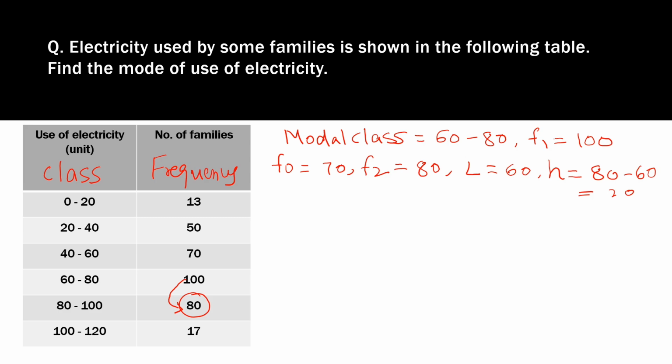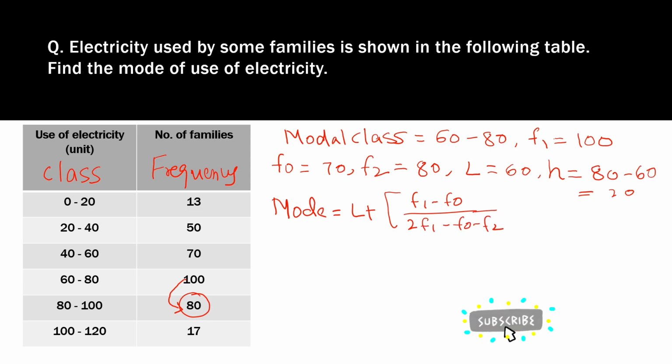Okay. Now we will apply the formula to find the mode. So here we have a formula. Mode equals L plus, F1 minus F0 upon 2F1 minus F0 minus F2, multiplied by h.